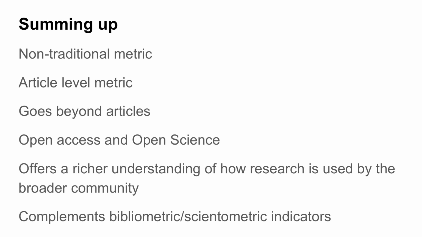It has not been there for a very long time, and the focus is more on article level metrics, and as I did mention, it goes beyond articles in two senses. One, as I mentioned previously, in the sense of looking at other types of outputs, such as software, data sets, and so on and so forth.